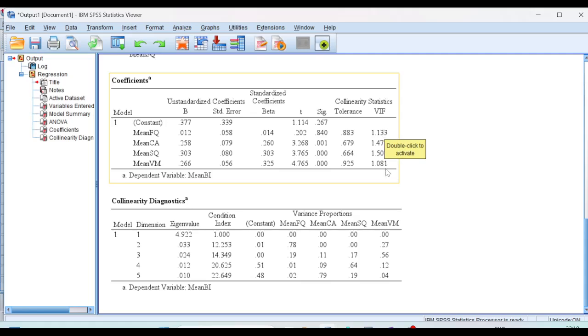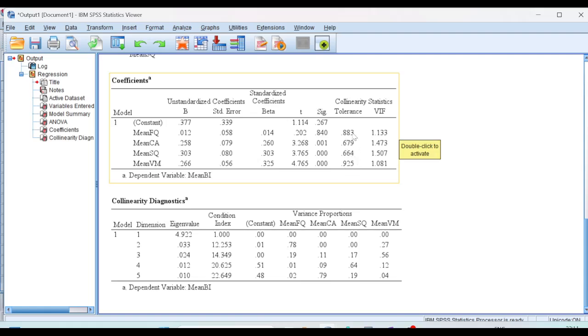But mostly it is recommended that if the VIF values are up to 3, then your data is quite good and it does not exhibit multicollinearity issues. So here we have 1.13, 1.47, 1.50, 1.08. We are good to go. In tolerance, we say that the value has to be more than 0.1. Again, you have 0.9, 0.6, 0.6, 0.8. So we have good tolerance values.